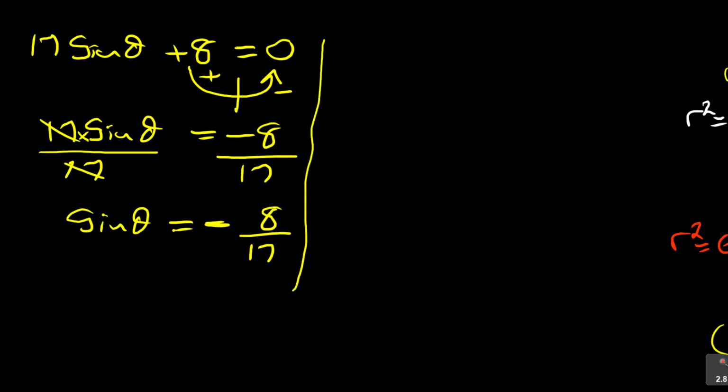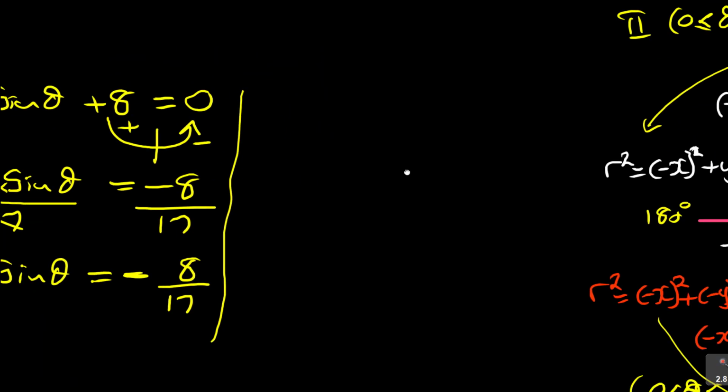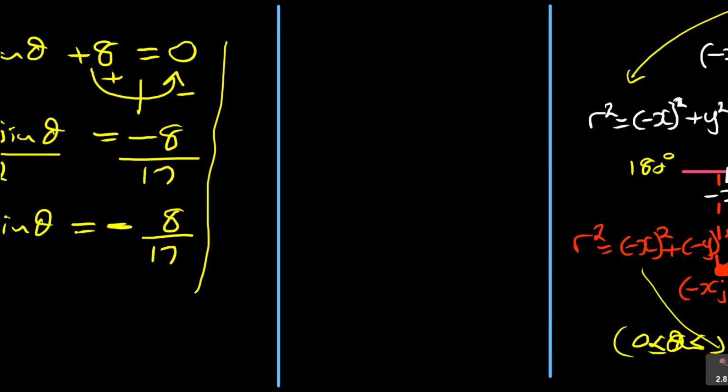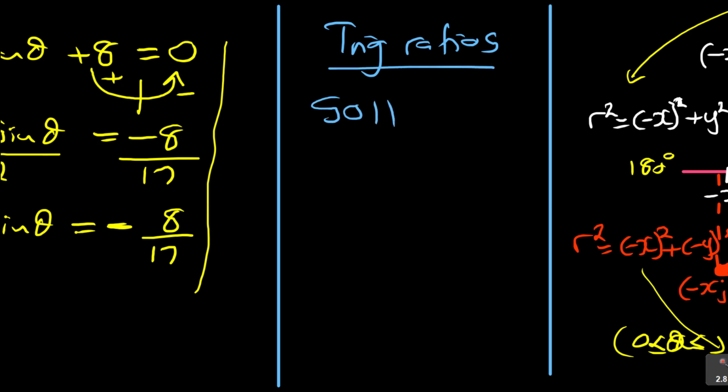Now, that's where we come to what we call trig ratios. Let me do this and do another line about trig ratios. When we talk about trig ratios, you need to understand these. Now remember that word SOHCAHTOA.